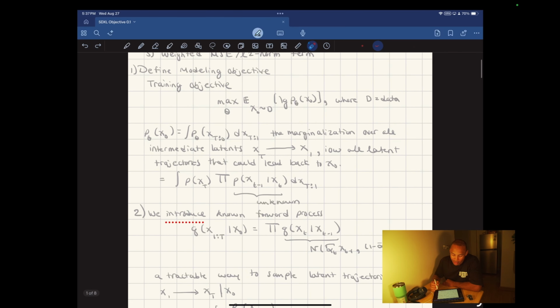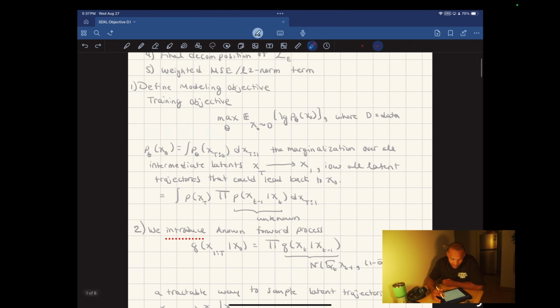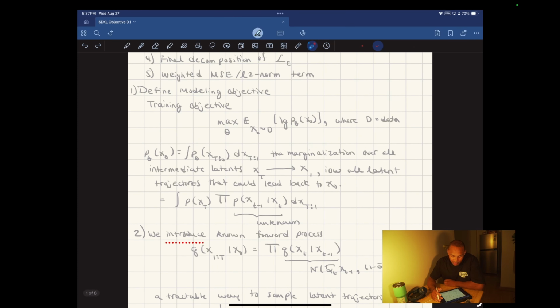So we're going to define the modeling objective. Just like in most ML objectives, especially in generative modeling, the objective is always to maximize the likelihood. That's what this is.